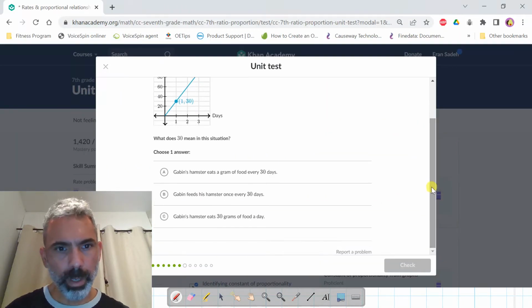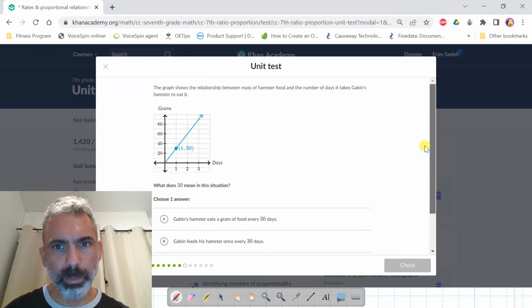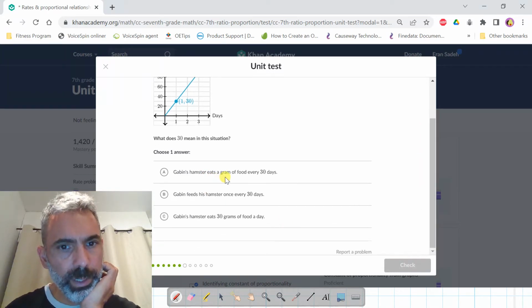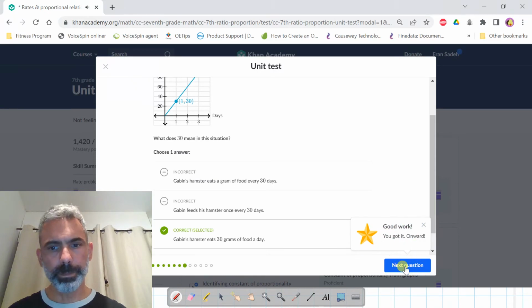Okay, Gabin's hamster. Gabin's is the name of the owner. It's not Gabin the hamster, it's Gabin's hamster. Gabin feeds his hamster once every 30 days? No. Gabin's hamster eats 30 grams of food a day. This is the correct answer.